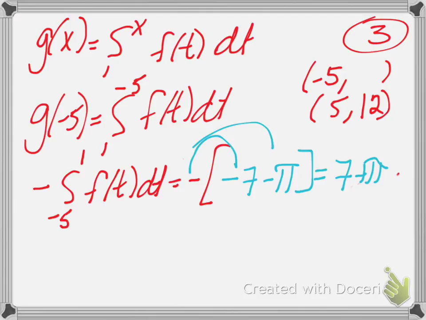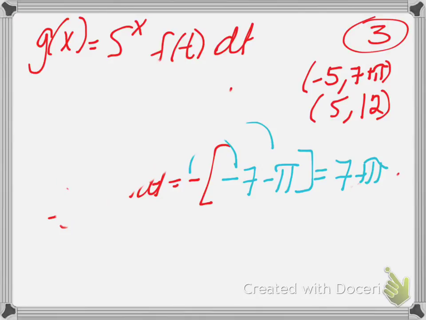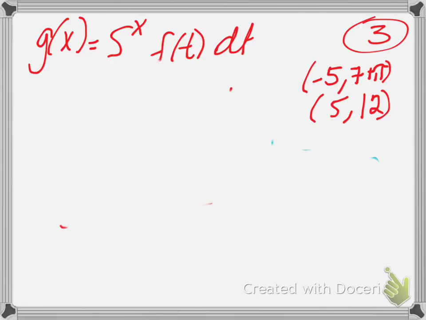Just going to go back and change my color. So that is going to go here, 7 plus pi, right? Because that's what happens when x is -5 in G. The whole goal of this was to be able to use the slope formula, and now I have 2 complete points.